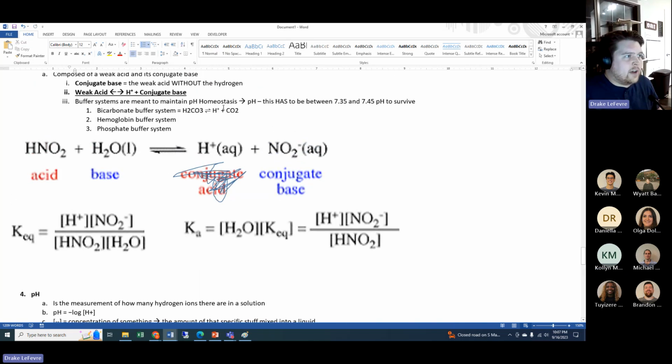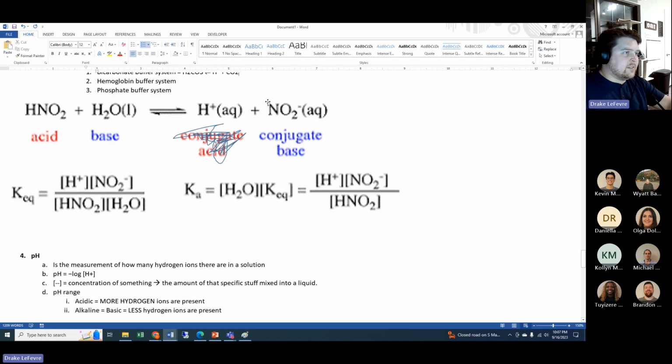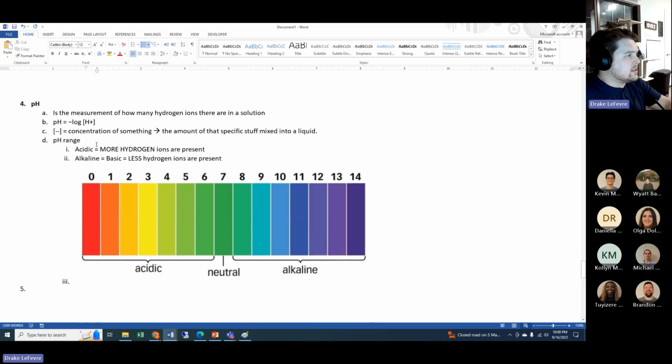Remember, the human body has to be between 7.35 and 7.45 to survive. Very specific range, which is pretty crazy. Okay, any questions specifically about pH itself, what it is, or how we rate it?